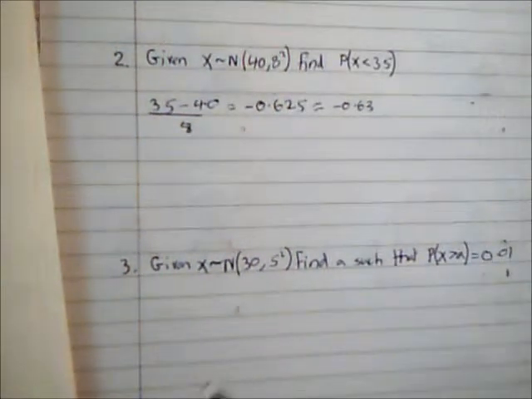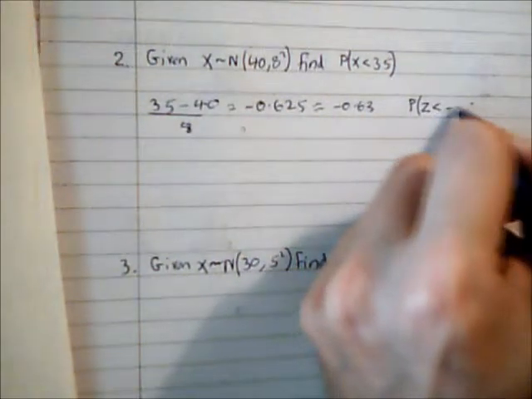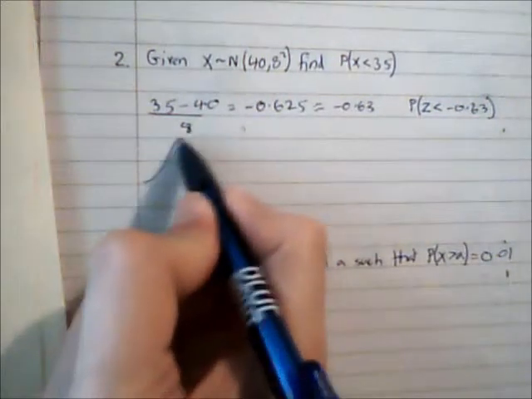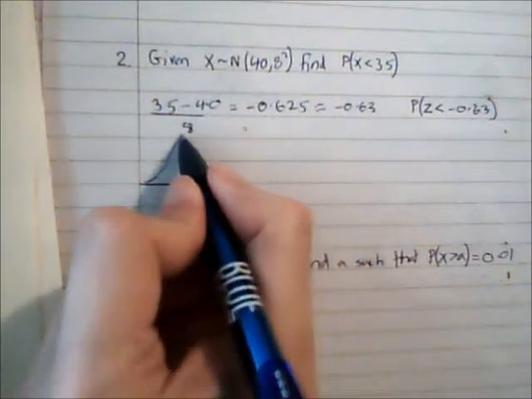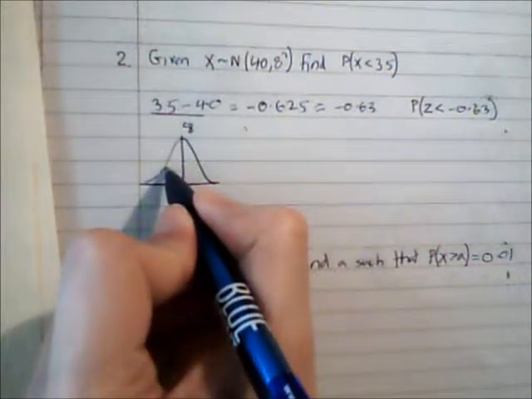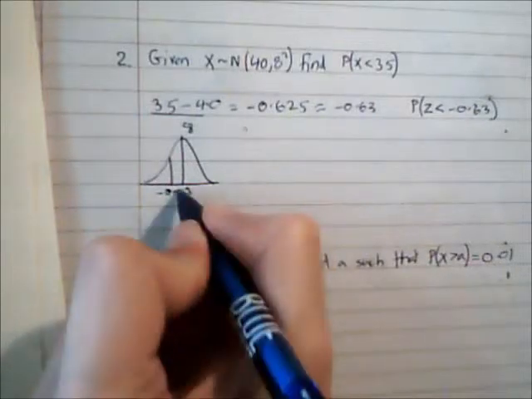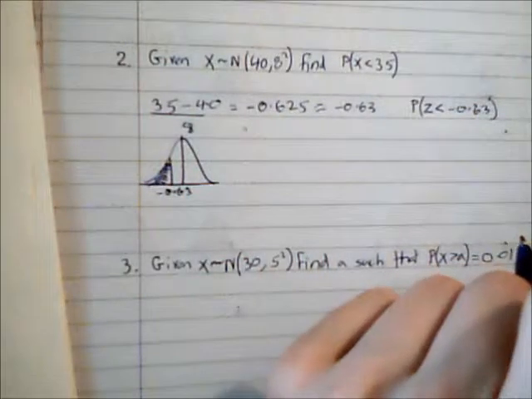And so what I'm looking for now is the probability that Z is less than negative 0.63. Now for this one I'm just going to use a sketch, simply because this one is not one I can look directly up in the table. So Z is negative 0.63. It's less than that, so it's this kind of part of the graph I'm looking for.